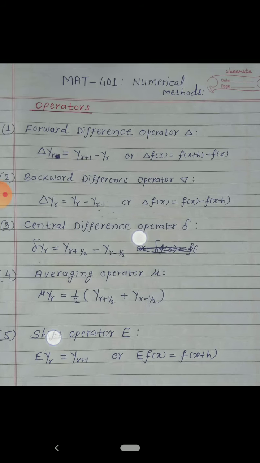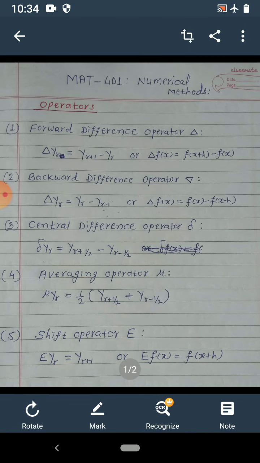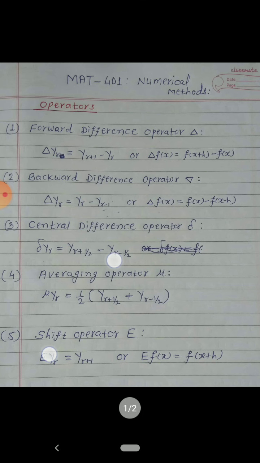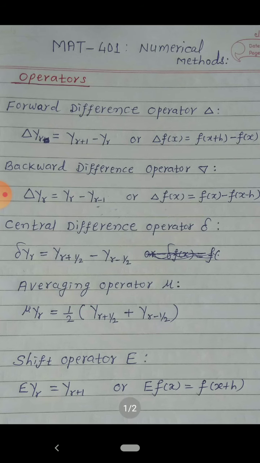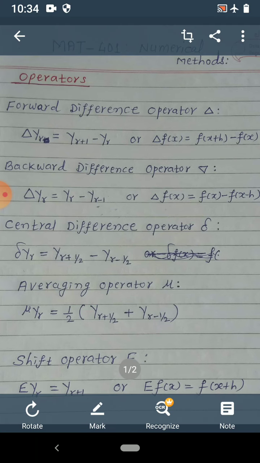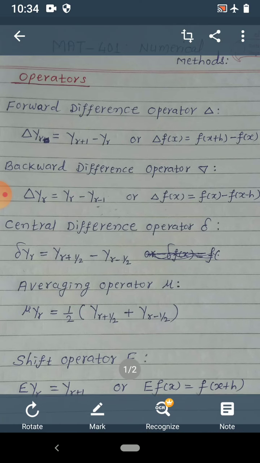And the fourth, which is new for you, is called an averaging operator, denoted by Greek letter mu, and which is defined as mu yr is equal to half of yr plus half plus yr minus half. This is the definition, as it is an average of yr plus half and yr minus half. It is called an averaging operator, and it is denoted by mu.